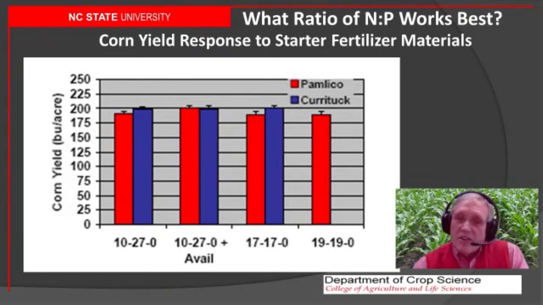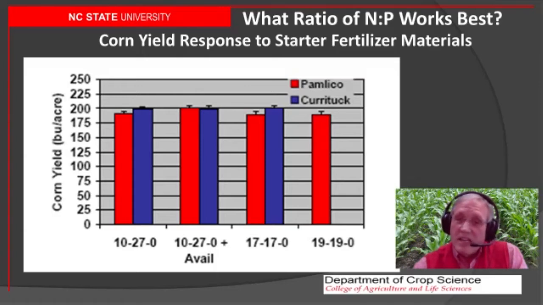But you can see here, and this is typical of the data we've had from looking at these two forms, there's not a whole lot of difference here. Clearly I got more phosphorus in the 10-27 at the same usage rate, but I'm not changing my yield. And that's the other factor that we have to recognize in looking at nutrient, particularly phosphorus influence.